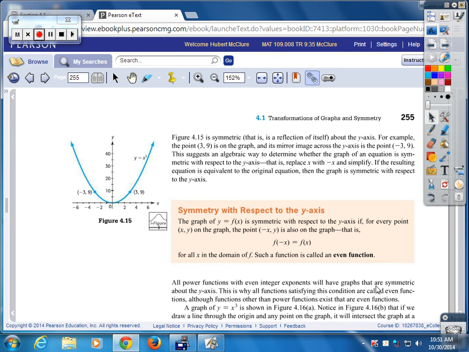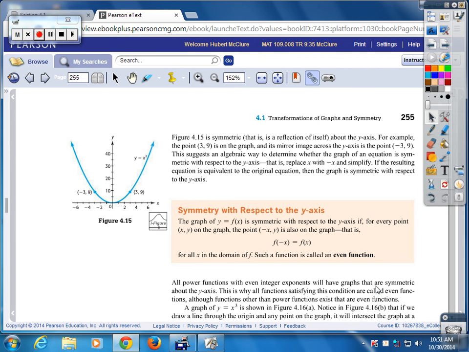And one side is equal to the other side because that's the mirror. The symmetry means mirror image. For every point of x and y there is also the negative on the left-hand side. So you've got a negative x and a positive x on each side. Therefore, f of negative x is equal to f of x, and this is called an even function.